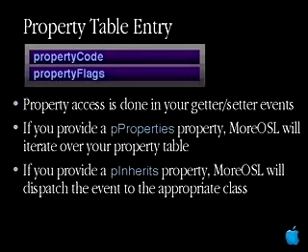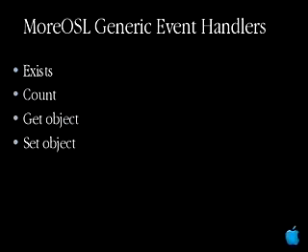Files have like modification dates, but they inherit names. So in more OSL parlance, there won't be a property table entry for name in the file object, and more OSL will see the inherits and say, oh, if I'm looking for the name property, I don't look in the file object. I look in the item object that it inherits from, and it'll do the right thing for you, which is really very nice.